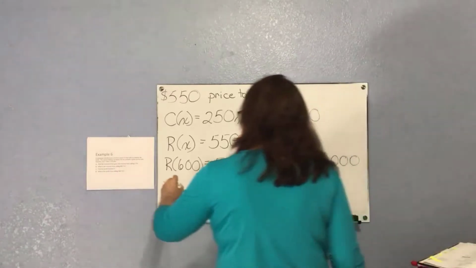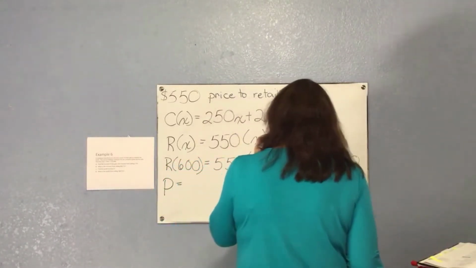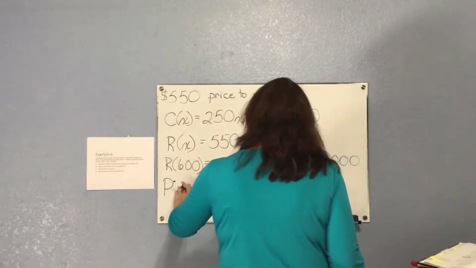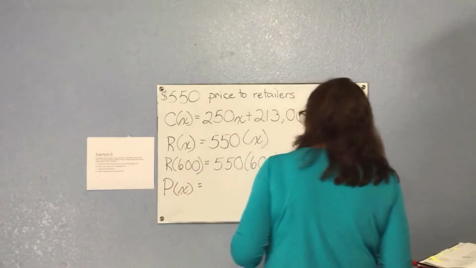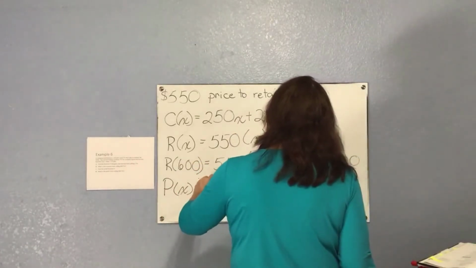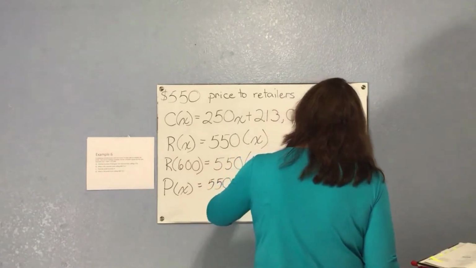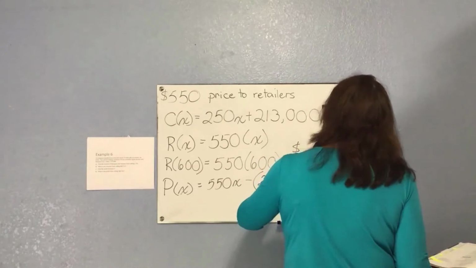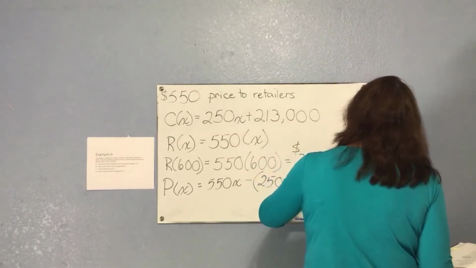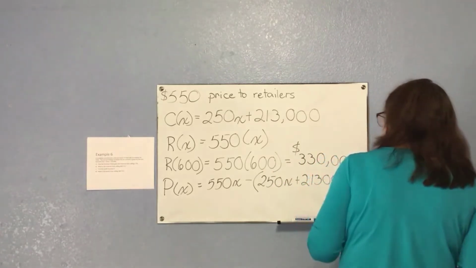What's the profit function? Well, remember, profit is revenue minus cost. So we'll just put in here 550x minus 250x plus 213,000.